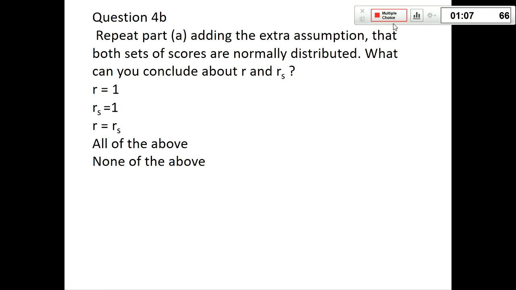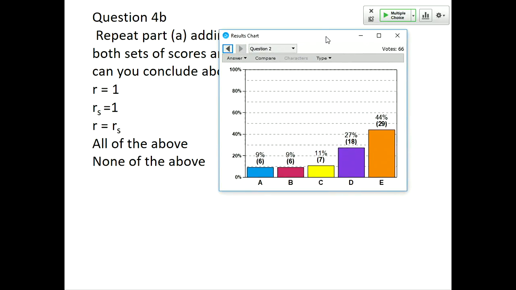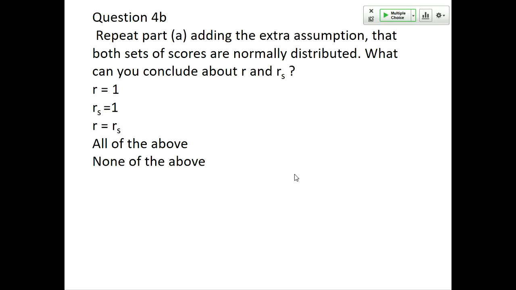All right, I'm going to stop it and see what you said this time. Okay, so most people got E, and that's the answer, none of the above. Let's look at that. Again, think about it.